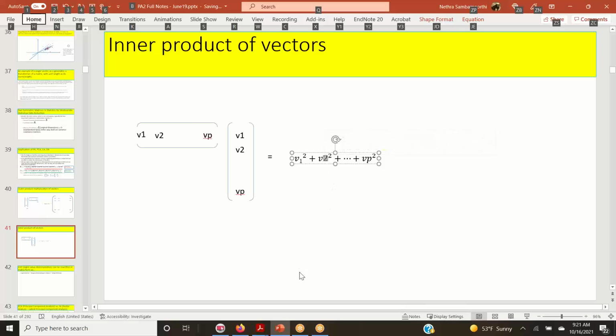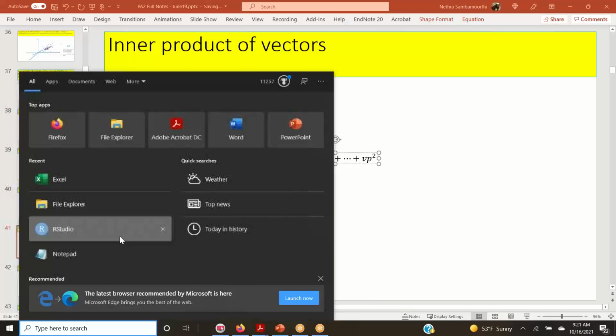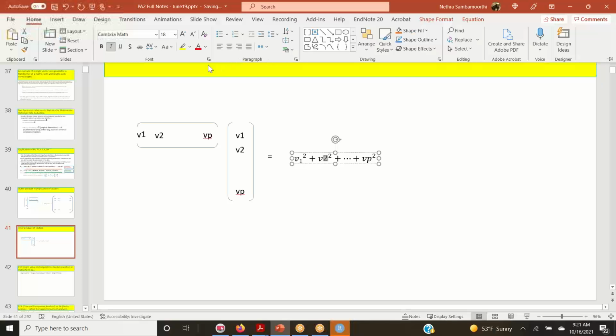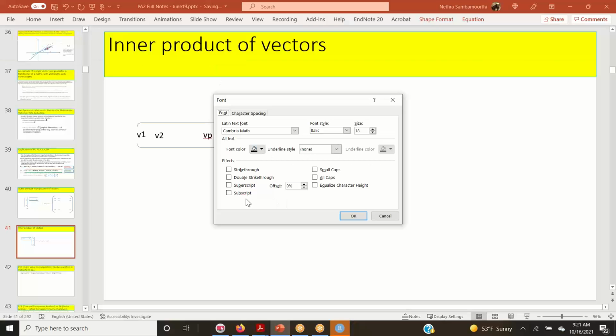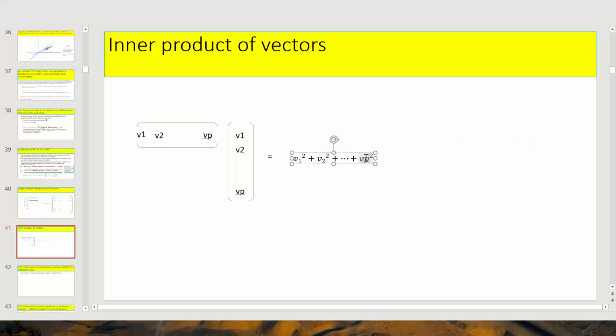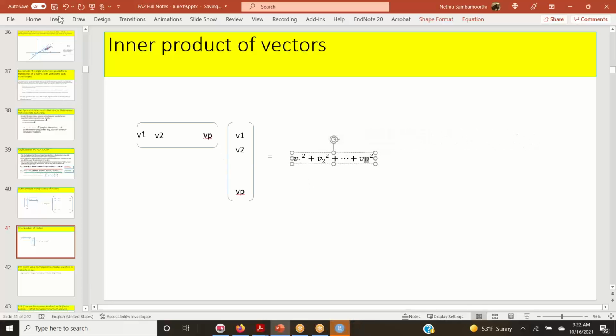Now, F4 usually works. Okay, like that, right? So it's easy now. You can see that the indices don't confuse you.